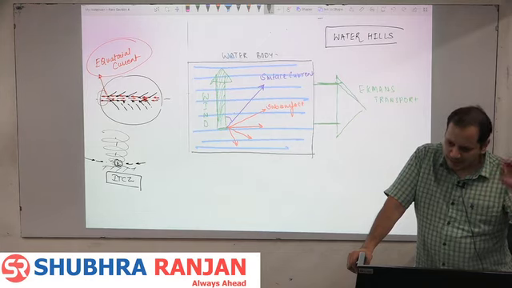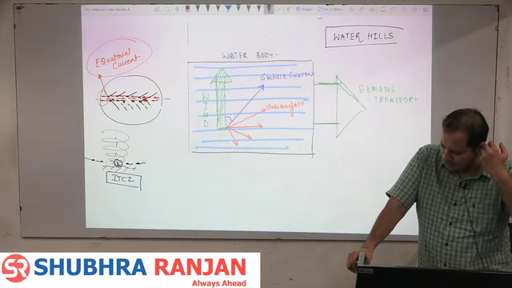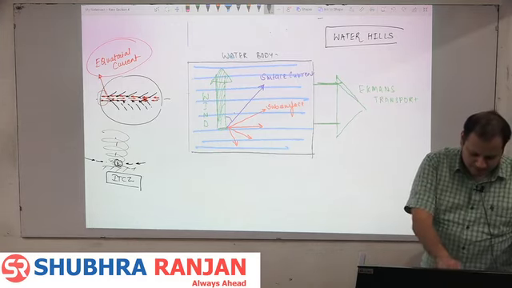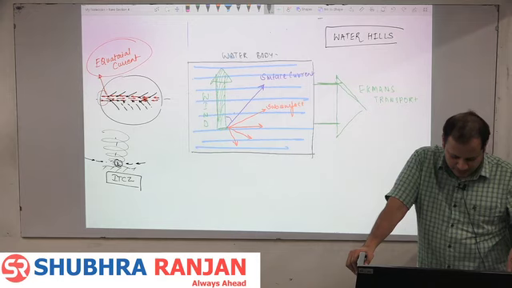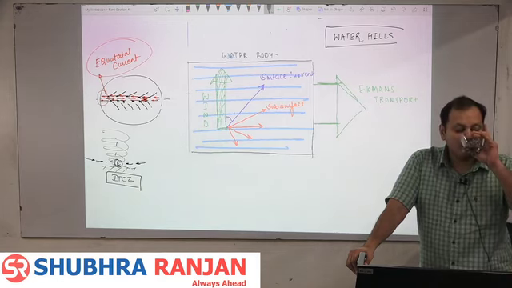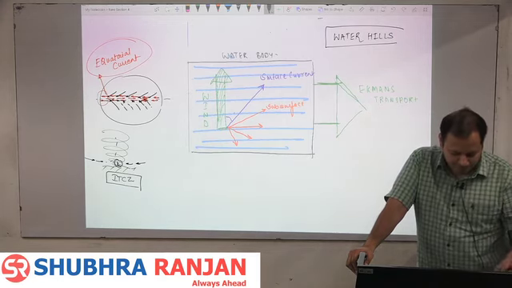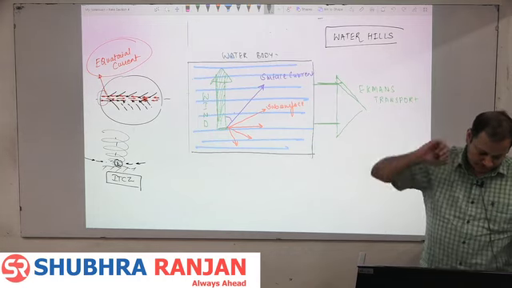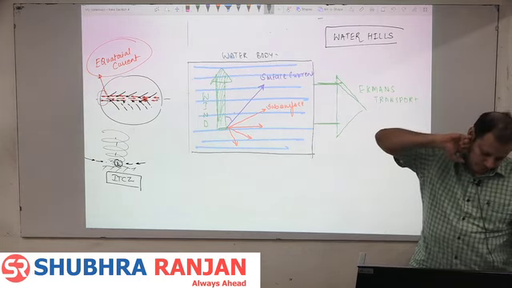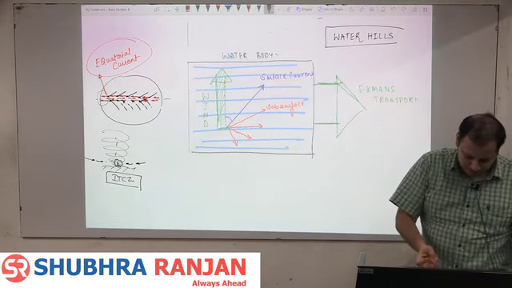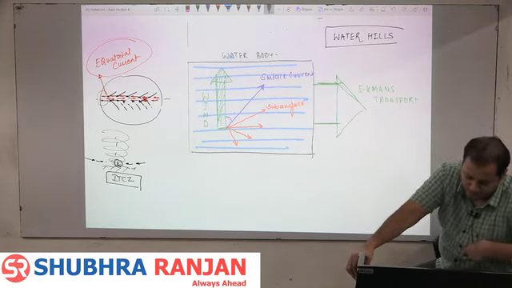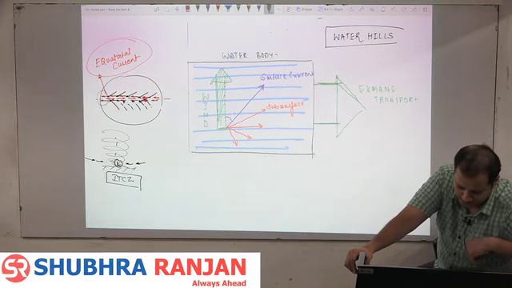Water hills and therefore counter equatorial current is generated, which flows from west to east in the oceans.